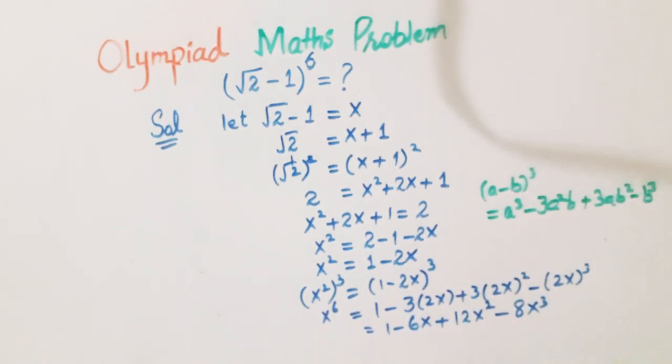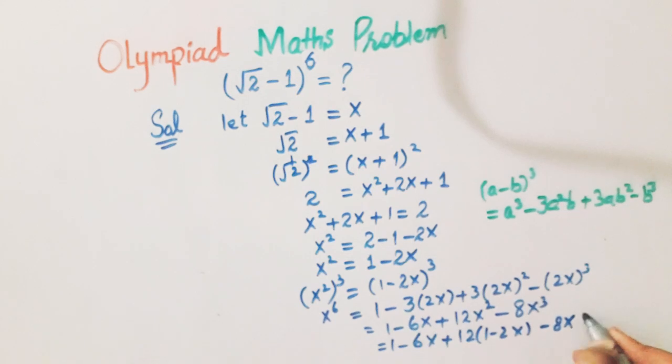So we get this. Now we will rearrange this as 1 minus 6x plus 12 times the value of x squared, which is 1 minus 2x, then minus 8x, with the remaining x squared.